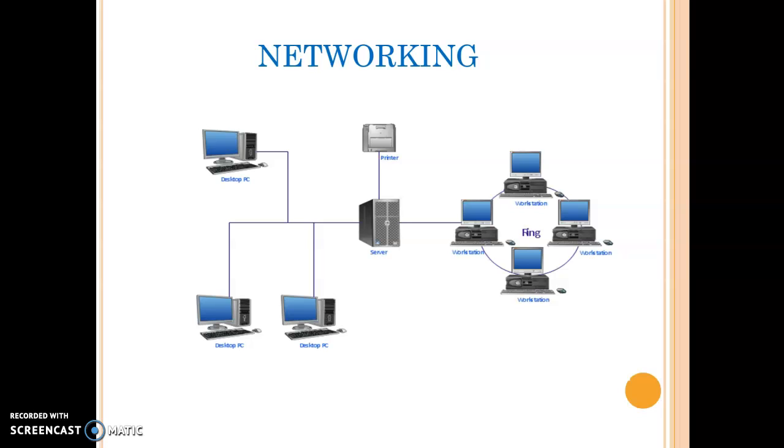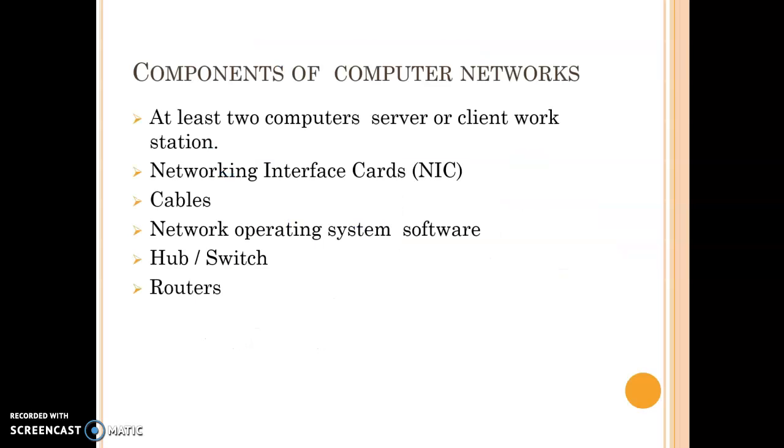Ring topology refers to the relations of computers in a ring manner, as you see on the frame. Many of these computers are connected to the central server. So, even without internet connectivity, it is possible to have computer networking. An intranet can be set up in a local area with these technologies.